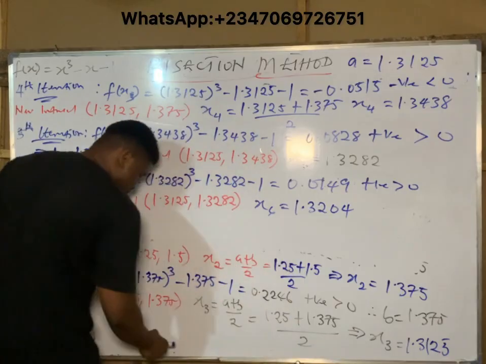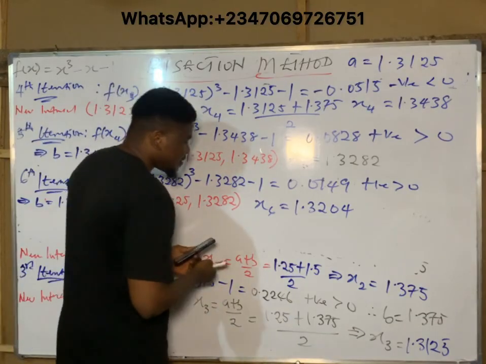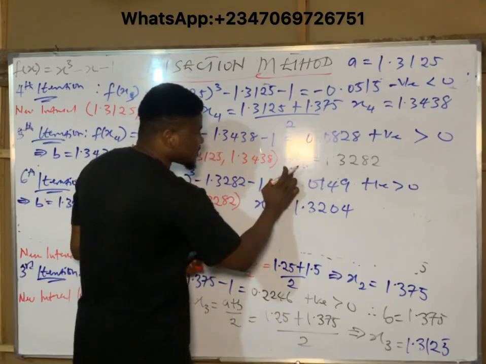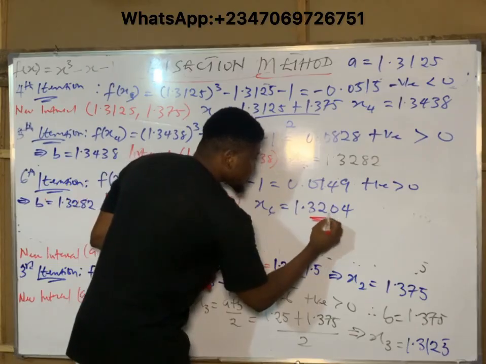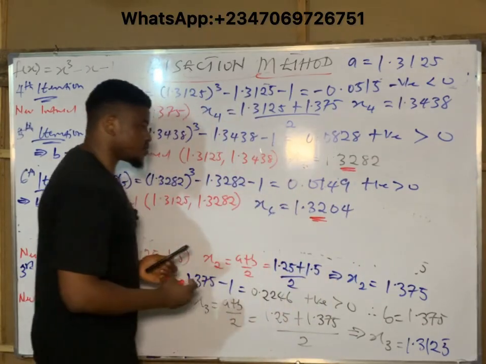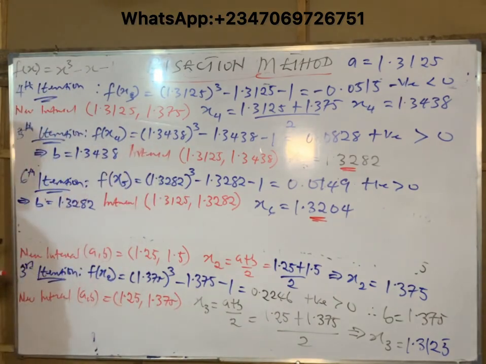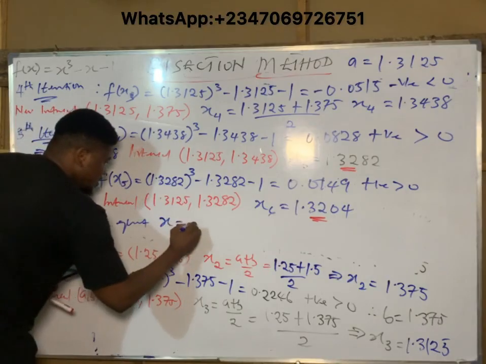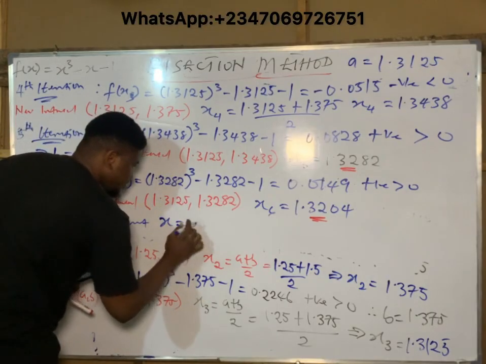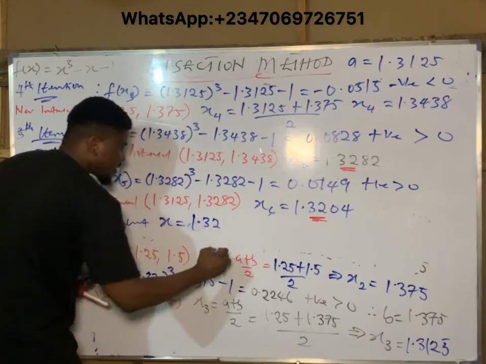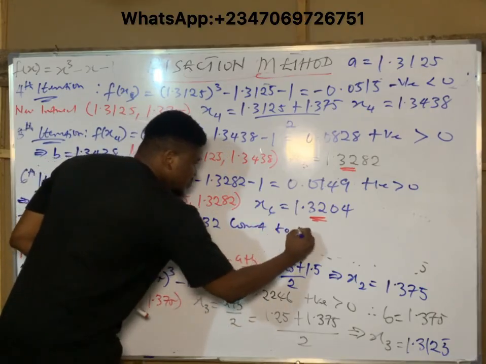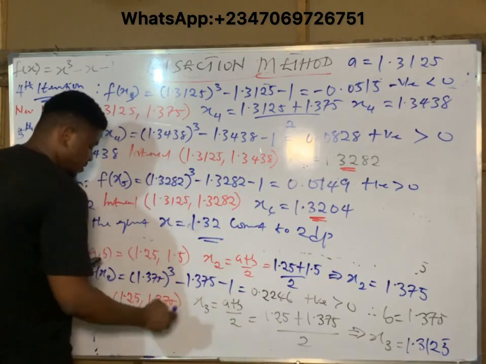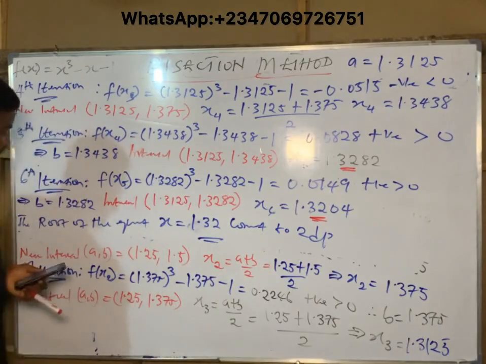If you compare x6 with x5, you see that correct to 2 decimal places, the root has converged: 1.32, 1.32. So this simply means that correct to 2 decimal places, the root of the equation is x equals 1.32. So that becomes the final answer for that given question.